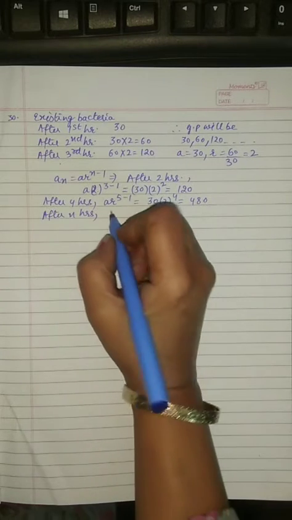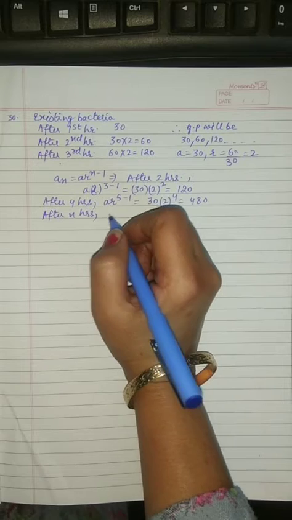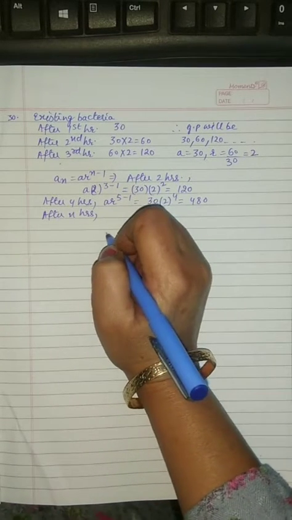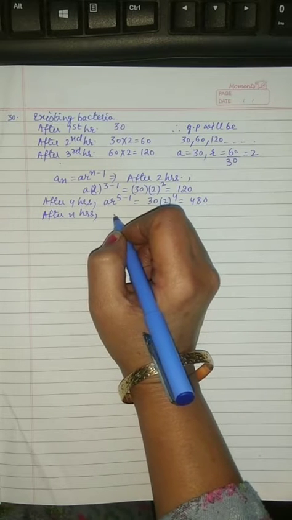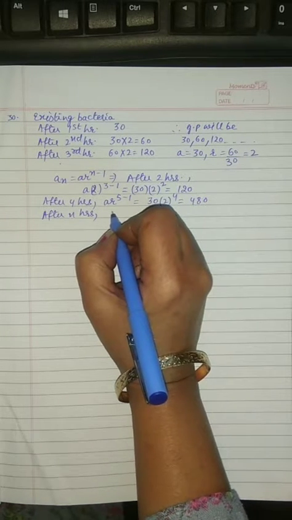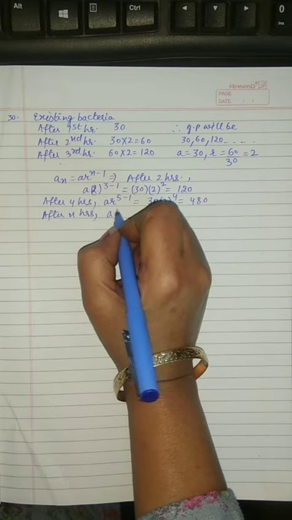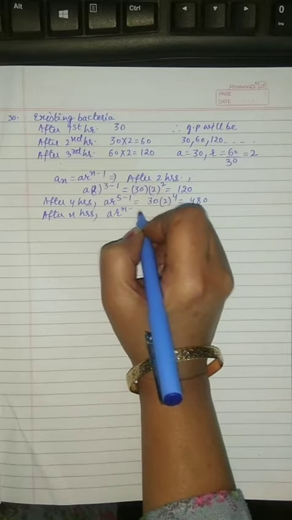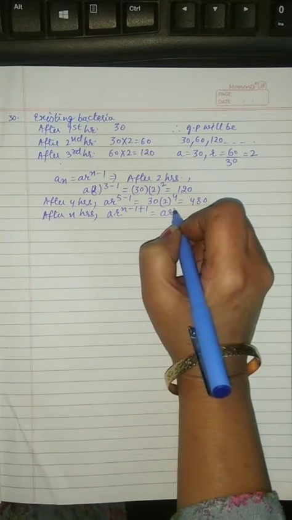So the nth term of a GP is a r to the power n minus 1, and we will add plus 1 also, because we have to find the bacteria after n hours, which means the n plus 1th term. So it will become a r to the power n plus 1 minus 1, so it will become a r to the power n.